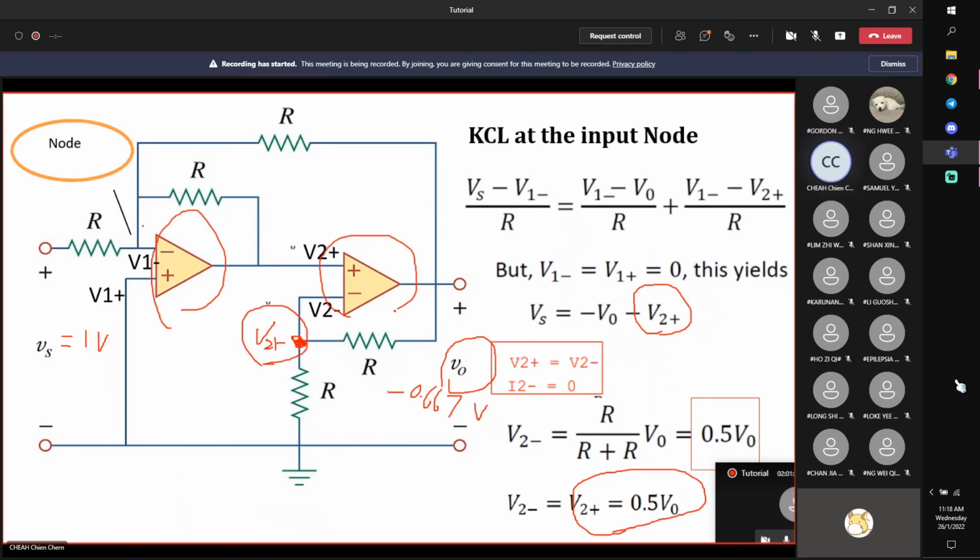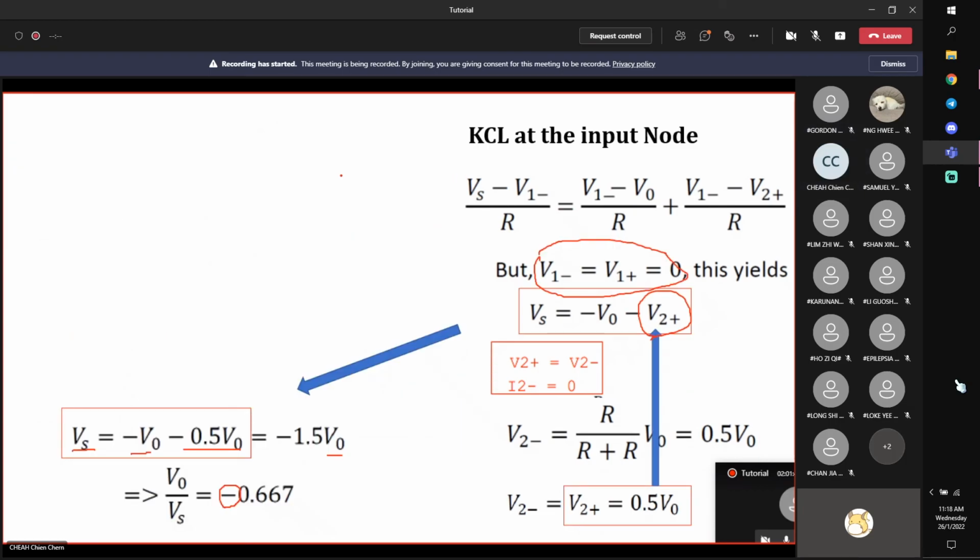Right? But just impose this property. This is actually 0 volts. This is actually 0 volts. Because of op-amp property. No current can flow through here. No current can flow through here. And because these two are the same, this is actually V2 plus, and then you just analyze the circuits. Any questions?